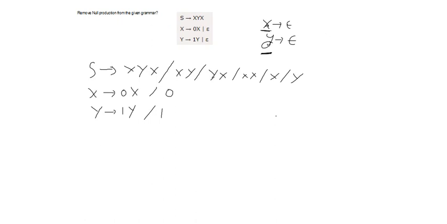We should consider those null generators on the right hand side, assume that each is null, and include the resulting productions along the production line. In the grammar, S implies XYX is the original production. Assuming the last X is null, you get XY. Assuming the first X is null, you get YX. Assuming Y is null, you get XX. Assuming X and Y together are null, a single X will come.